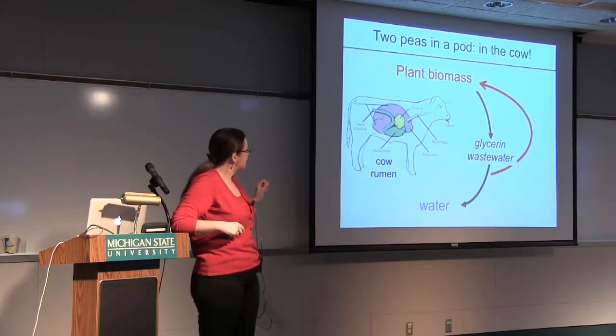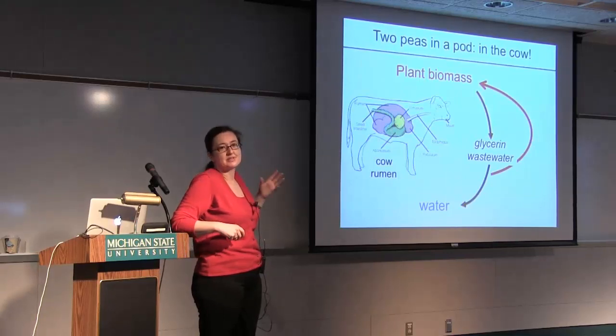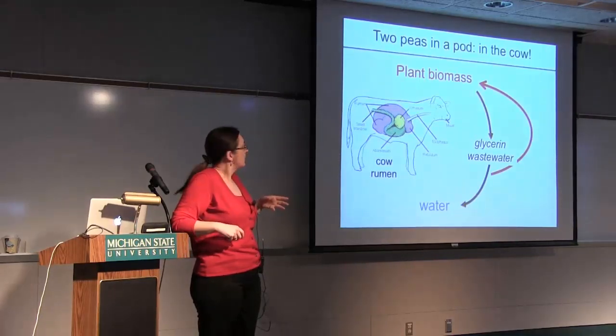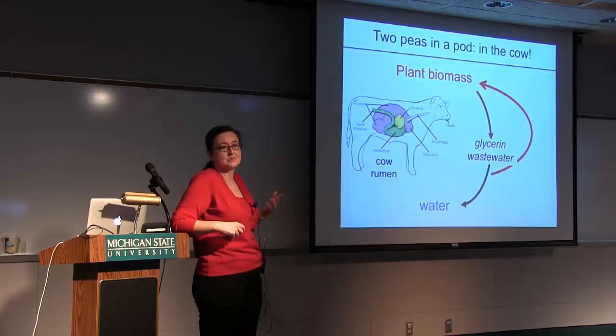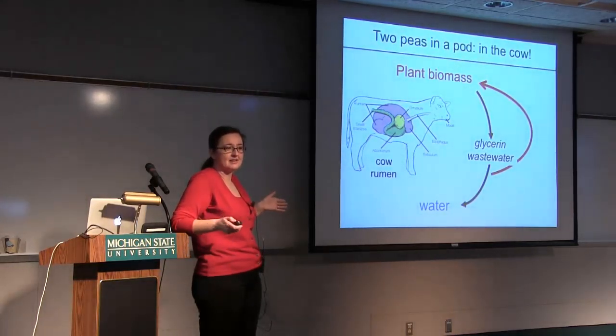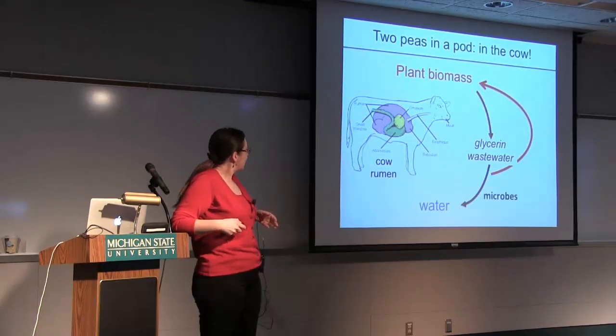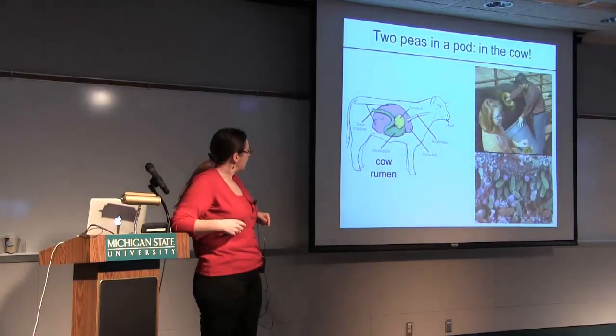Here in the rumen is where all the plant biomass is going to be processed, and where many of these waste products of industrial plants are actually going to be further metabolized to extract all the energy. So the cow doesn't have any waste in the end. It uses it all. And this is actually what we are looking up.